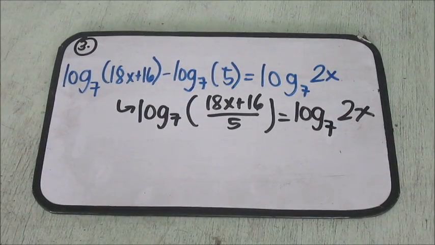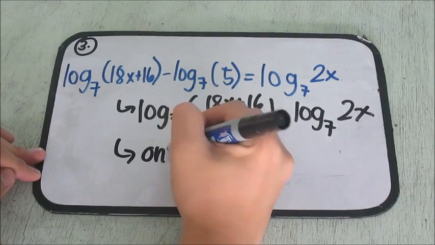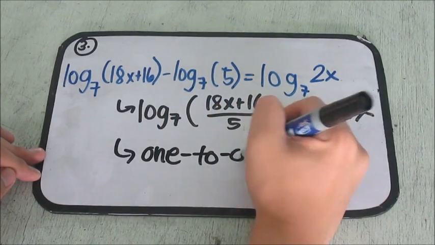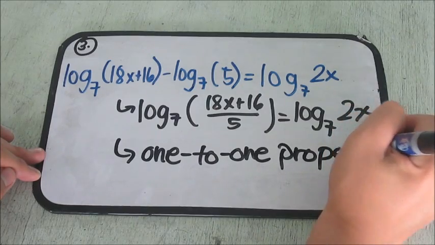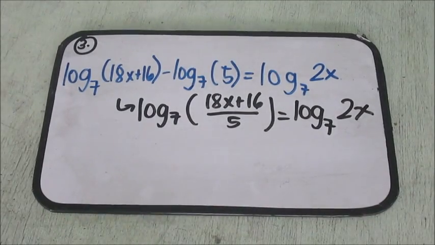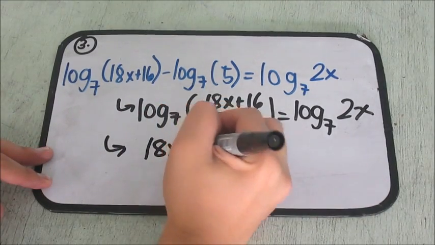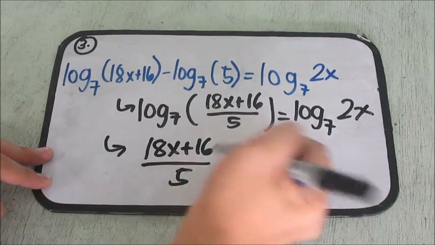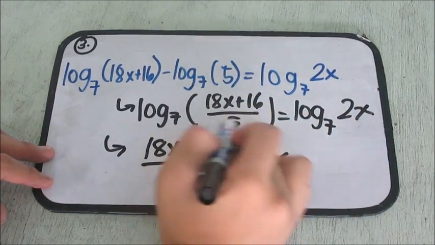Since this equation has the same base again, we can apply the one-to-one property. By applying that property, we will arrive at 18x plus 16 over 5 is equal to 2x. So we just equated the inside of the logarithms.